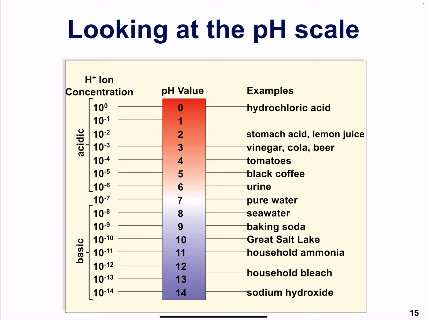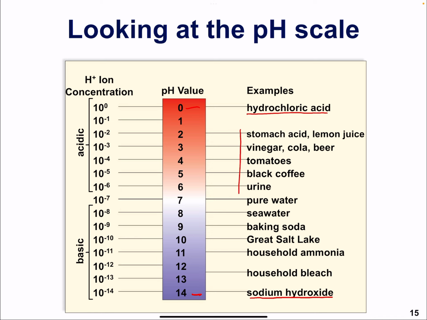So when we consider the scale of pH that varies from 0 to 14, 0 being extremely acidic, an example of a very highly acidic compound that we know of is hydrochloric acid, while an example of a substance that is very basic is sodium hydroxide.